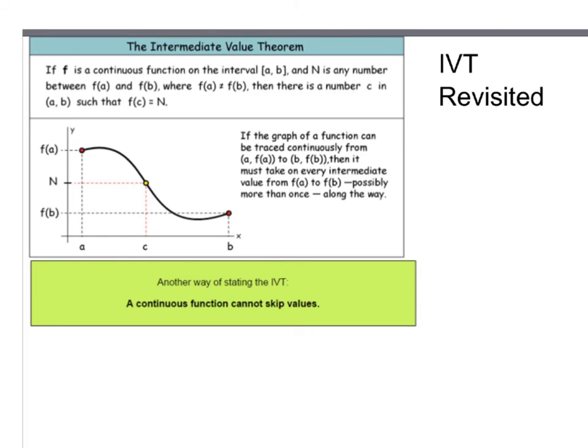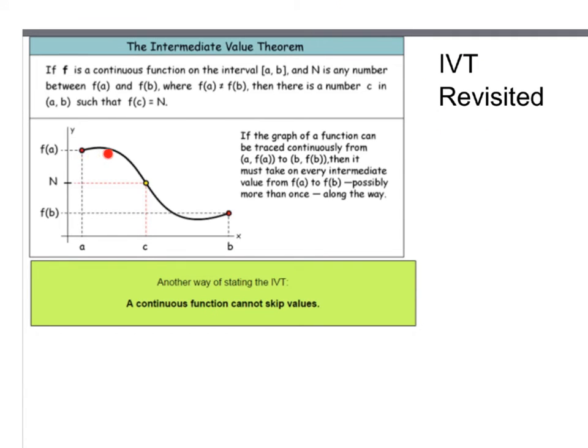And that's what that is. Now, sometimes they use it to determine if there's a zero there, right? Because if you have an f of a that's above the x-axis, and you have an f of b that's below, then somewhere in between there it's got to cross. That's the intermediate value theorem.